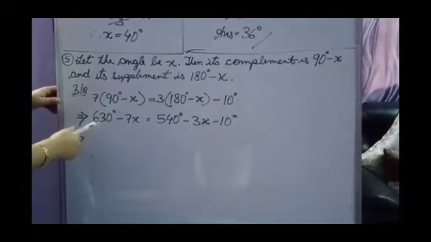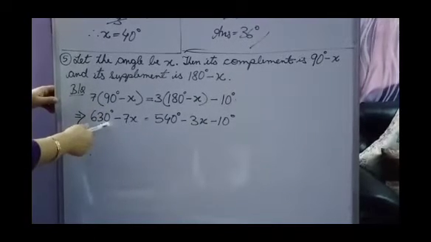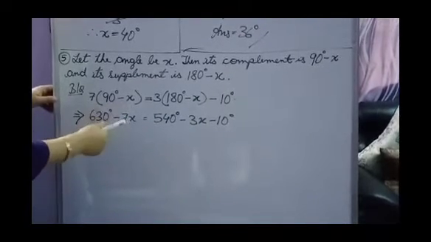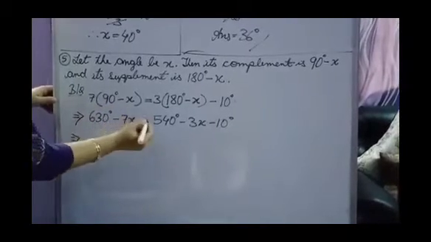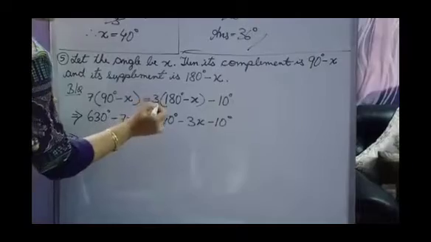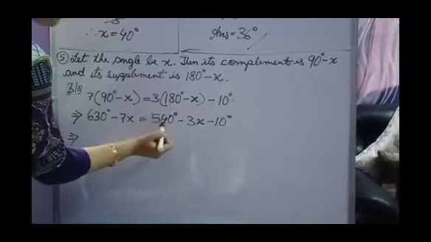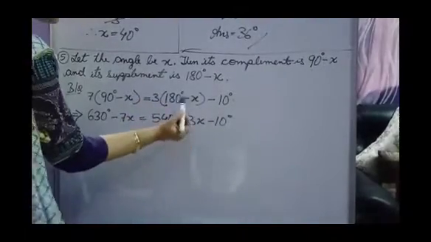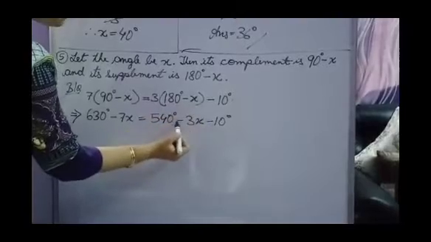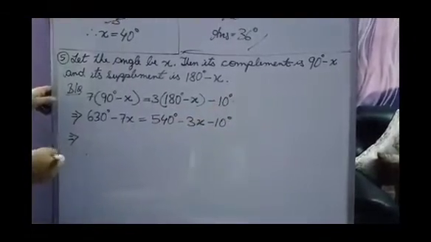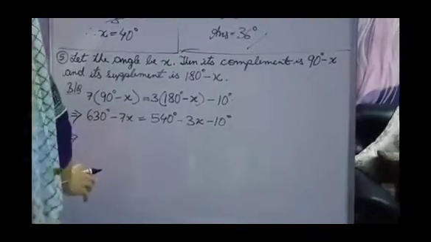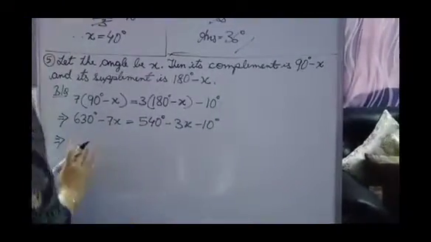7 into 90 degree is equal to 630 degree minus 7x. 7 into minus x is minus 7x. This is equal to 3 into 180 degree, which is 540 degree. Then 3 into minus x is minus 3x. Then minus 10 degree. Now here we will arrange the things.